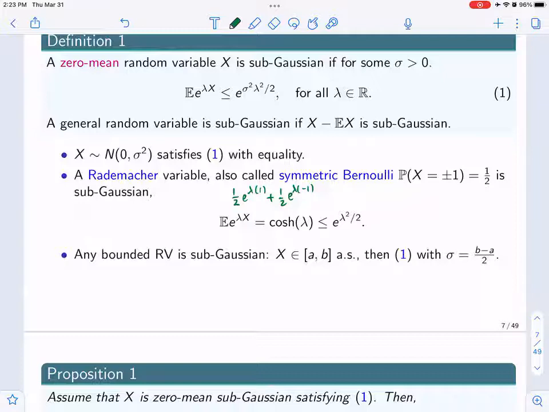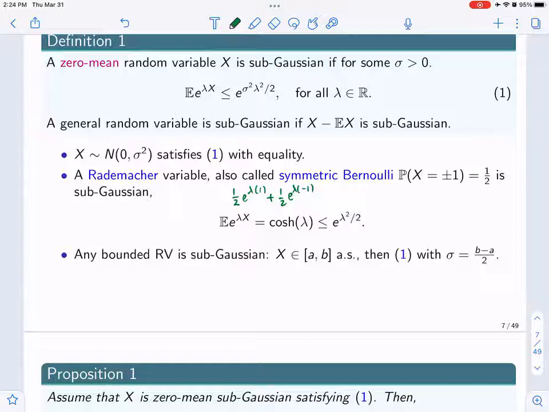So if x is in [a, b], then the bound holds with a sigma, which is sometimes called a subgaussian parameter. So this sigma is not unique. You can think of the smallest sigma that satisfies this and give it a name. We'll do something like that later, but sometimes it's easier to let it be any sigma.